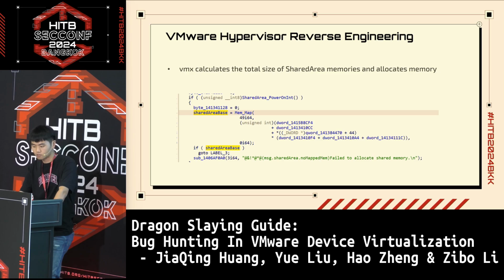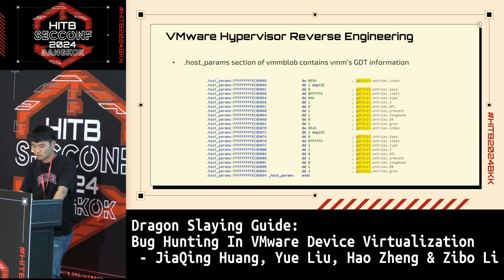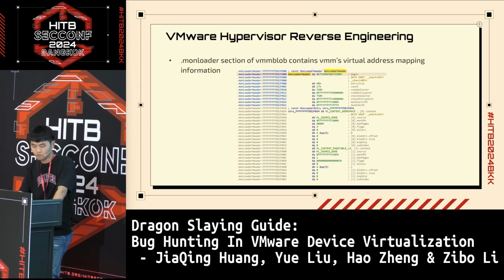Now we have figured out how shared memory was allocated, but how does VMM access it? We found that the VMM blob has another two specific sections. One contains the GTT information, and the other one contains the virtual address mapping information.